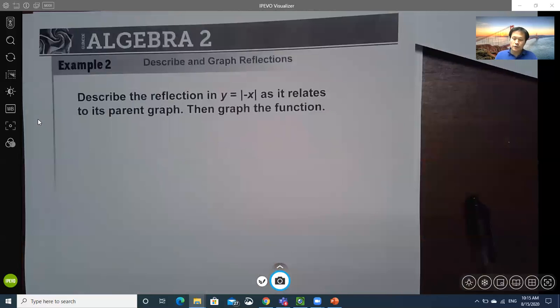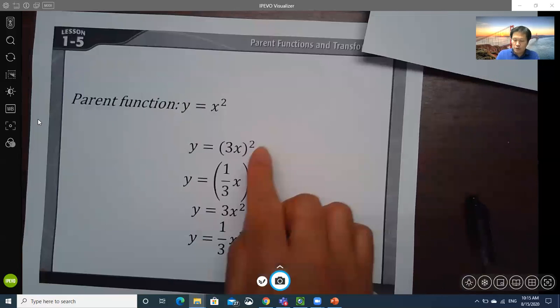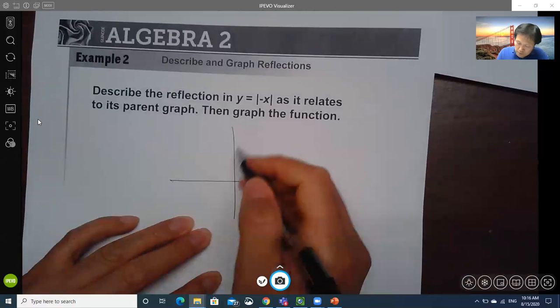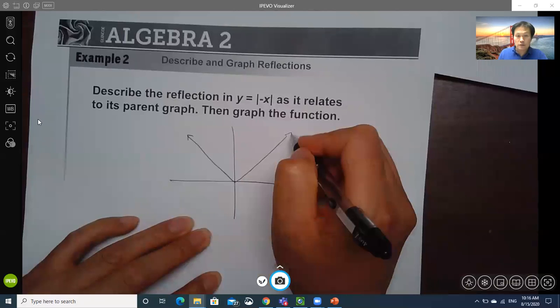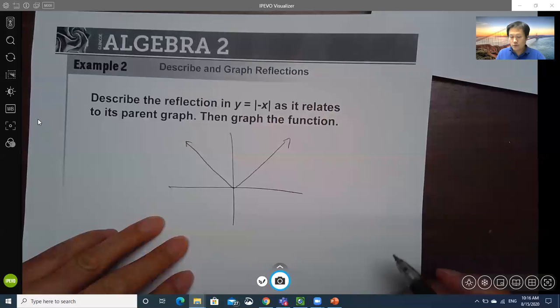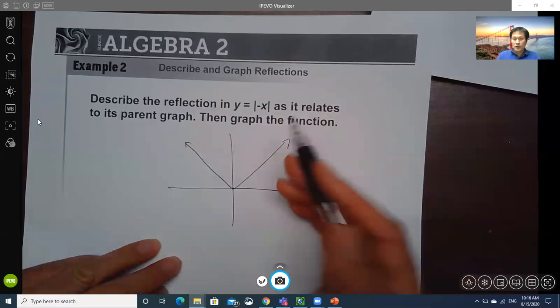This one was a reflection over the y-axis, so that's not going to change. This is the original V shape, and when you flip, it's exactly the same shape. So for a reflection over the y-axis, the shape of the graph will be exactly the same as the original.